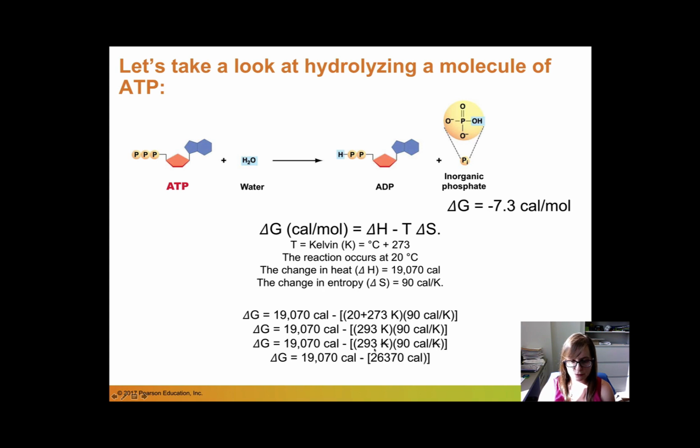So you just do the math, and your delta G ends up being negative 7,300 cals per mole, or, and this should be kcals per mole, negative 7.3 kcals per mole. So because this is negative, this is an exergonic reaction. This reaction will proceed spontaneously.